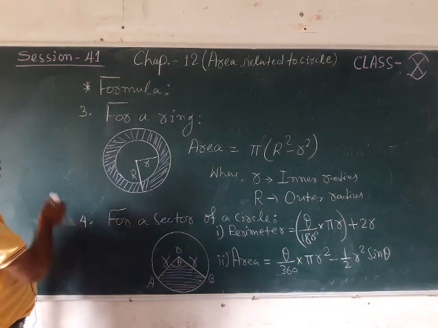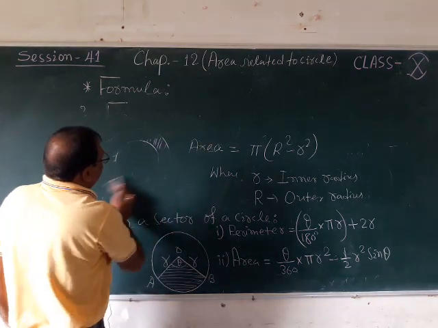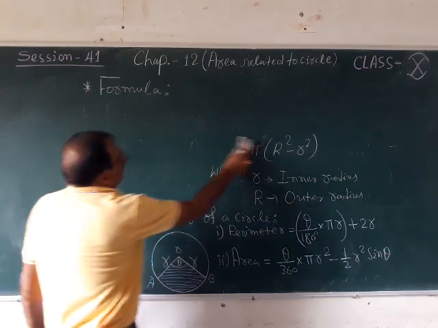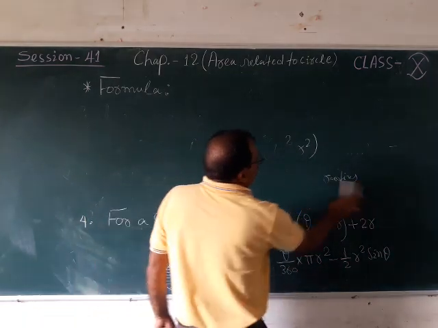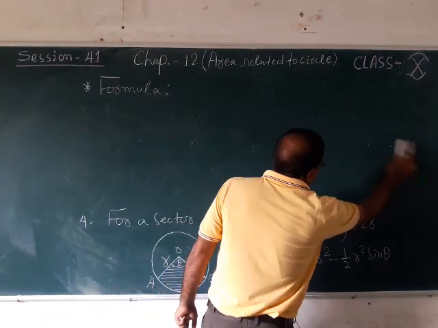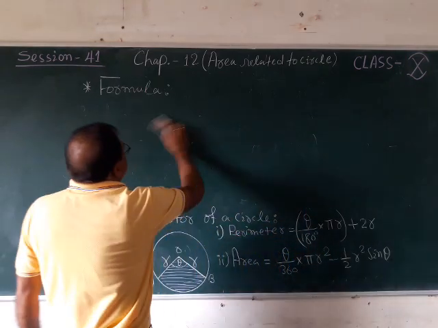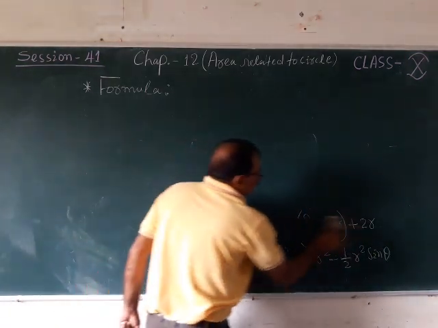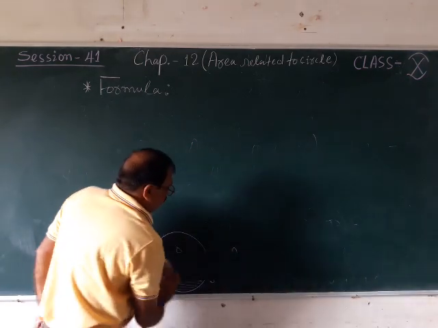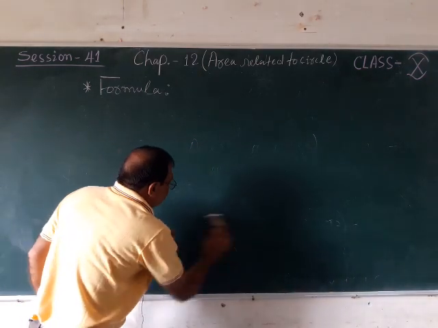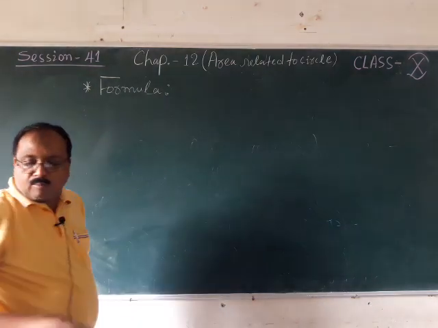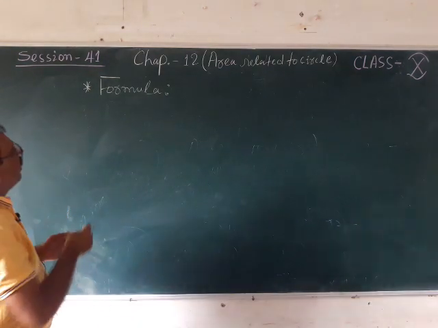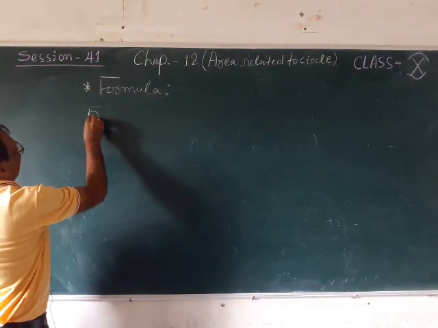So copy down these formulas. These formulas are very helpful in chapter number 12. Today first of all I am going to give you all the formulas. In the list, many formulas are your old formulas; only the area of sector and the area of segment are new formulas that you are studying now in class 10.